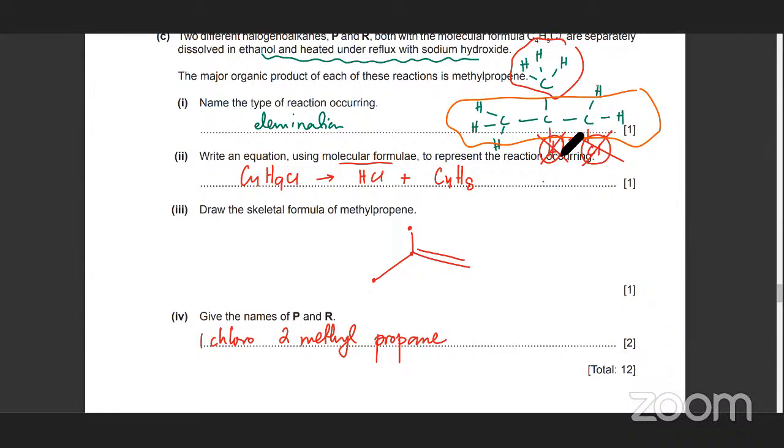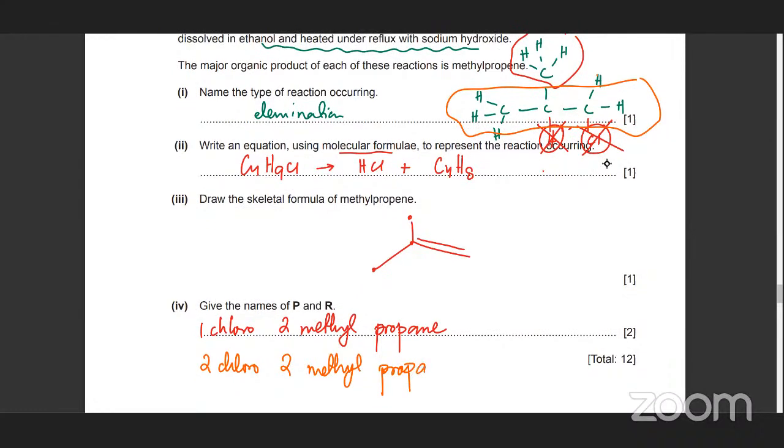The other one would be that the Cl position would be switched, so it's going to be 2-chloro. The methyl is still at the same position. So that's the name of both of the molecules. Okay, is this clear?